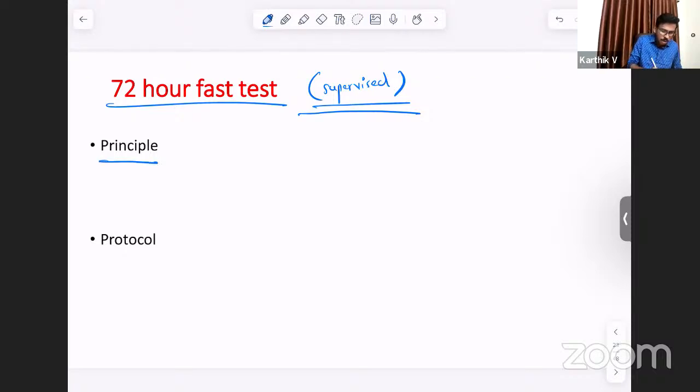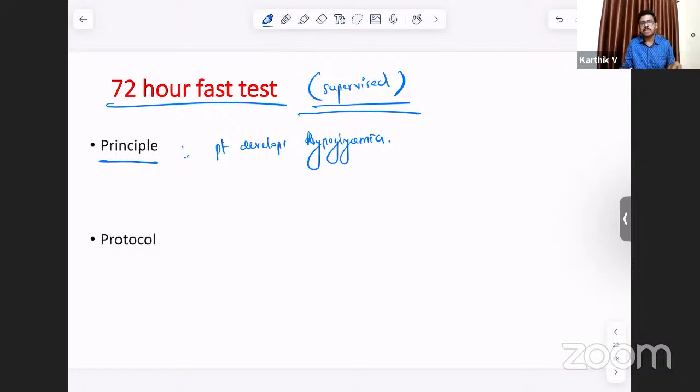So the principle of the 72-hour fast is to see whether the patient develops hypoglycemia or not. Because a normal individual whose symptoms were not related to hypoglycemia would have normal reserves of glycogen and all the gluconeogenic substrates and a normal liver function.